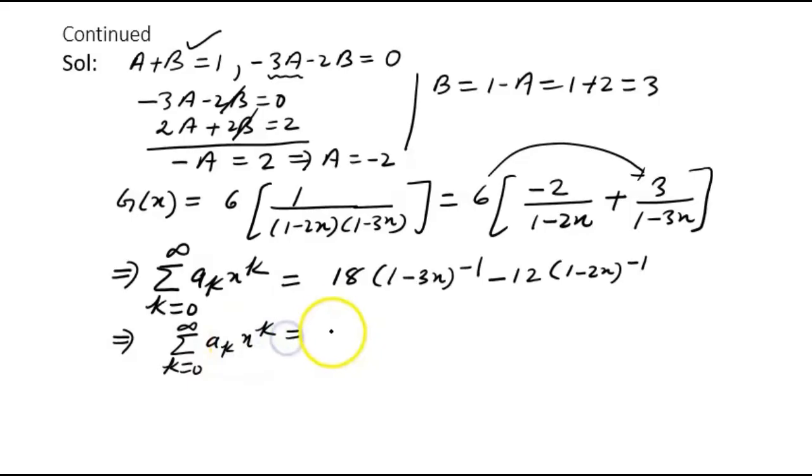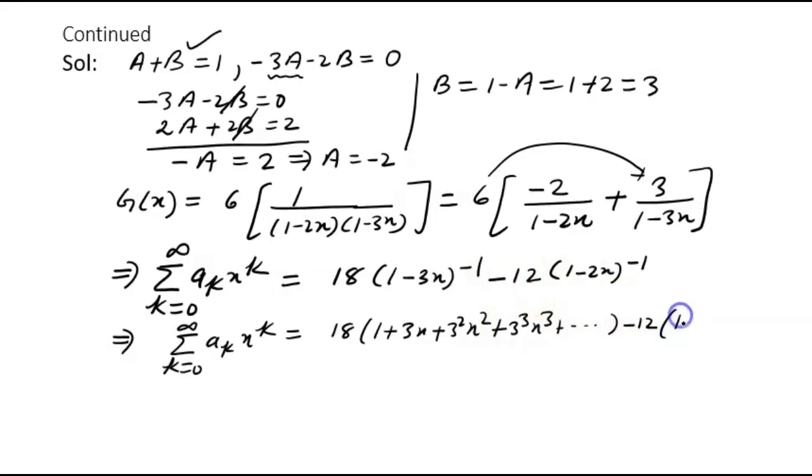And what I will get here, I will get 18 times 1 plus 3x plus 3 square x square plus 3 cube x cube and so on. And what I will get here, I will get minus 12 times 1 plus 2x plus 2 square x square plus 2 cube x cube and so on.